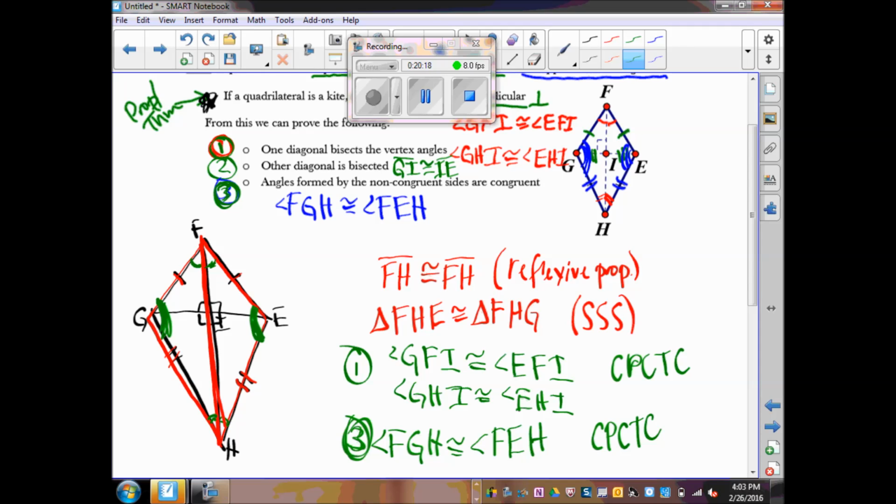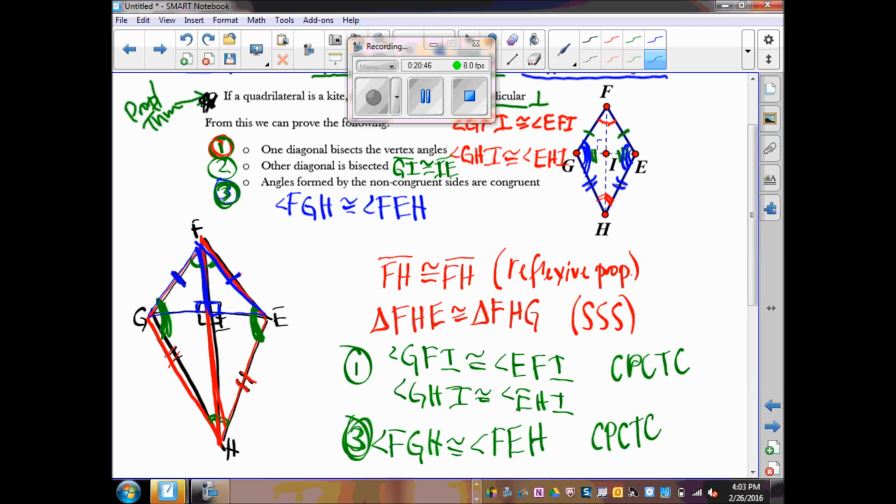So then to get that second property, that the other diagonal is bisected, similar idea, but we're going to use a different set of congruent triangles. I'm going to go ahead and use these guys here. We already have, from the definition, that these sides are congruent, and from that first theorem that a kite has perpendicular diagonals.